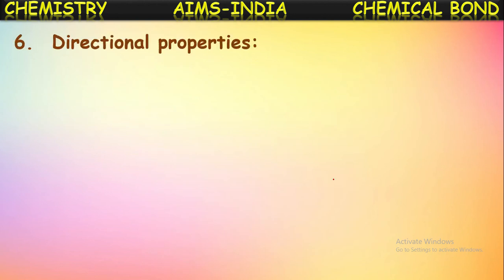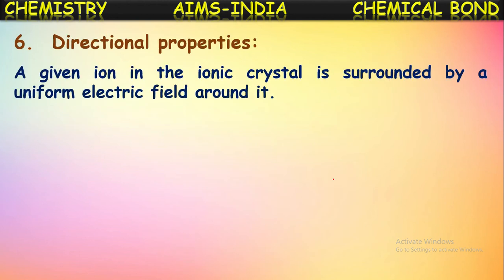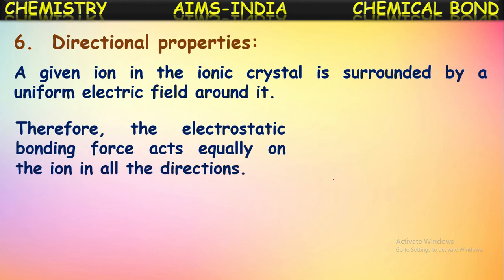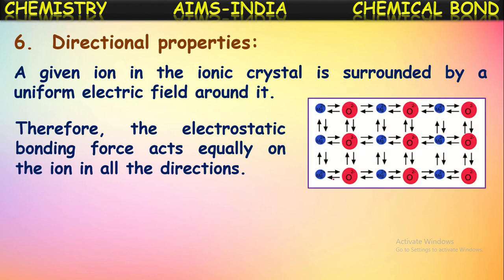Next one, directional property. A given ion in the ionic crystal is surrounded by a uniform electric field around it. Therefore, the electrostatic bonding force acts equally on the ion in all the directions. See here, if we see formation of magnesium oxide, it is an ionic compound.